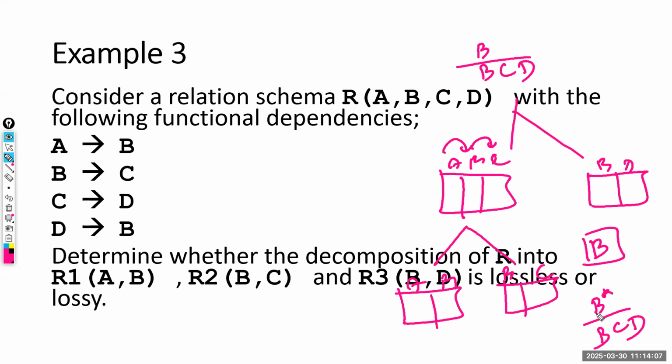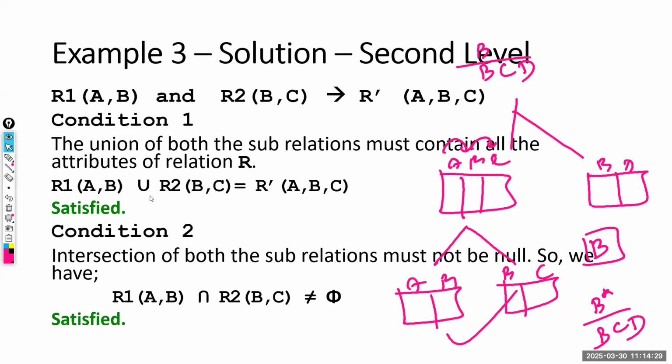But B does not determine A. Remember, B is our common field now, but B is not a super key of this, but it is a super key of this. So that is good enough. If it is a super key of at least one table, that is good enough. So therefore, this is also fine. So therefore, this decomposition is lossless.